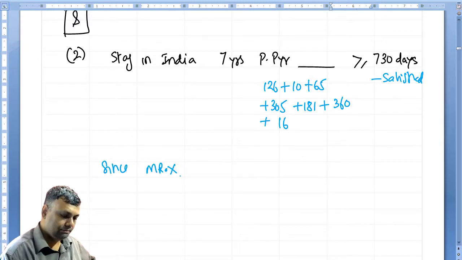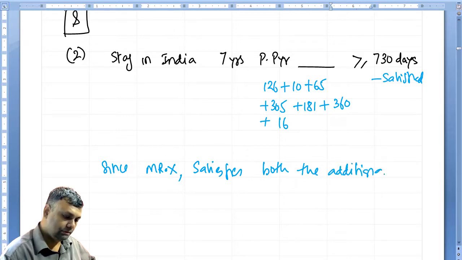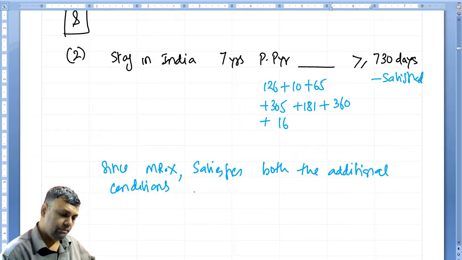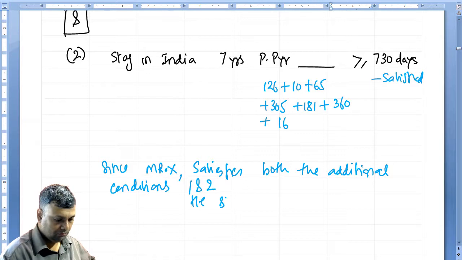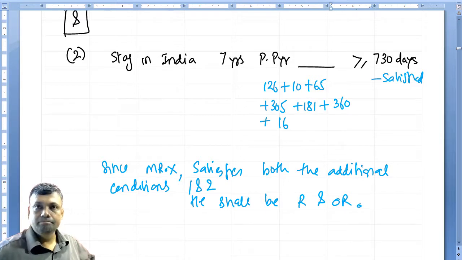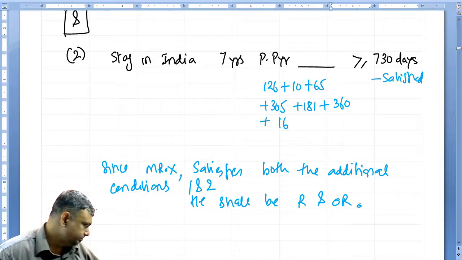Since Mr. X satisfies both the additional conditions, that is 1 and 2, he shall be resident and ordinarily resident. That's all. That's the end of the answer.